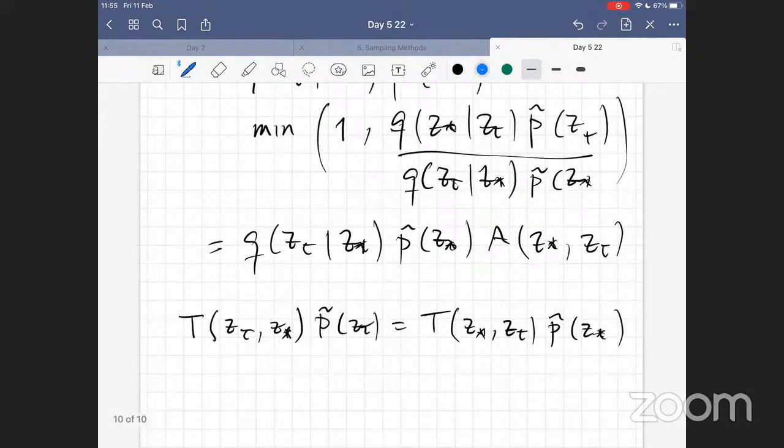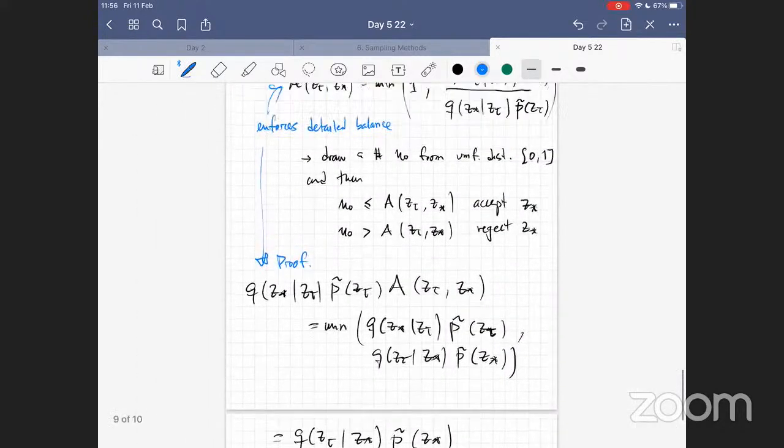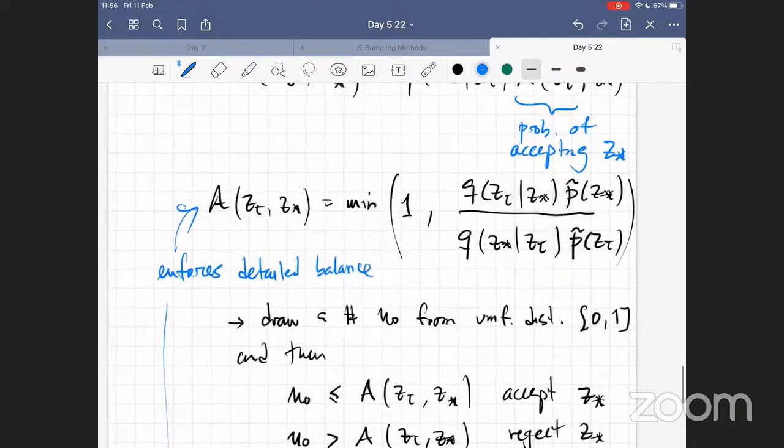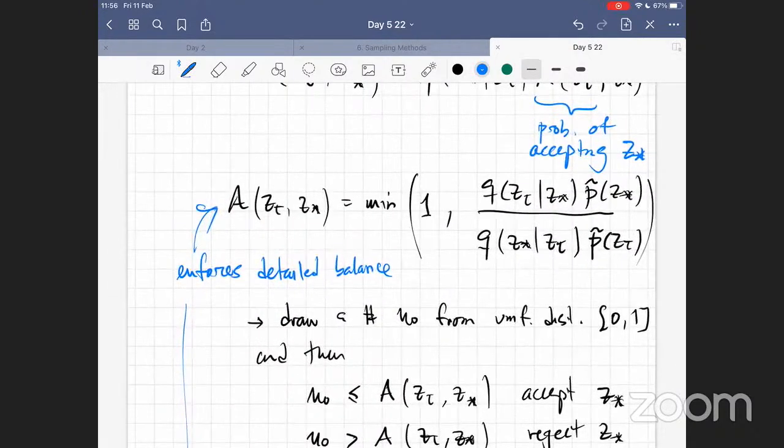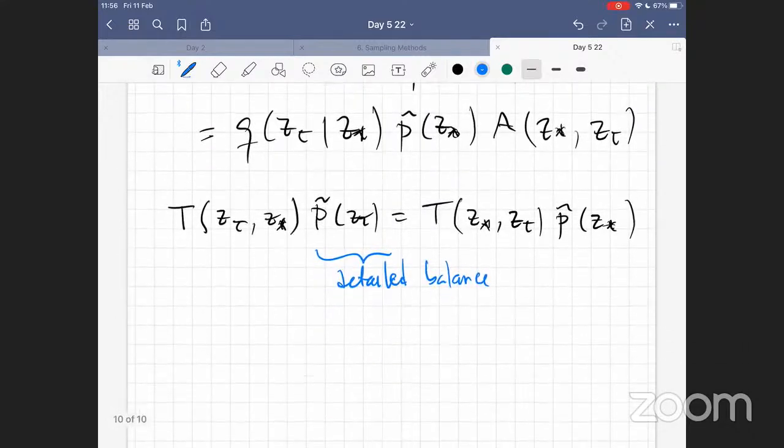And this is actually the detailed balance. Okay, so this is a proof that this condition here, the way you compute the transition probabilities in the Metropolis-Hastings algorithm, is implementing the detailed balance, and then you have the good properties that you should have.